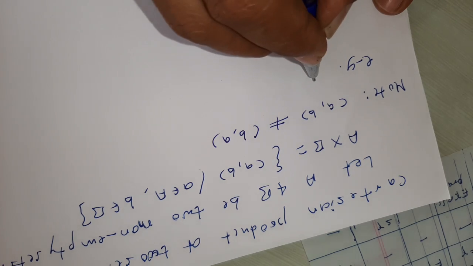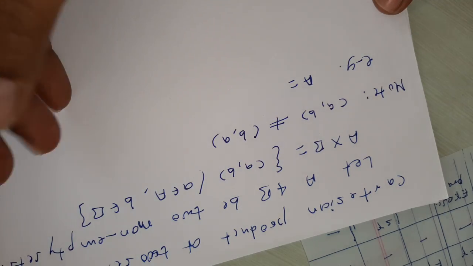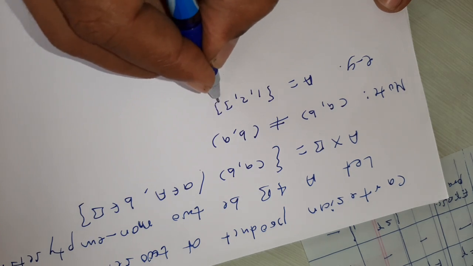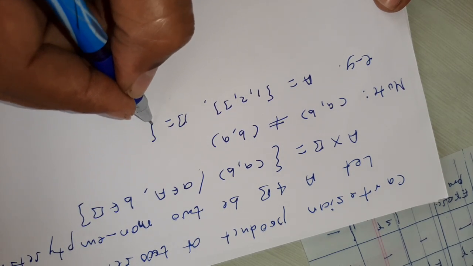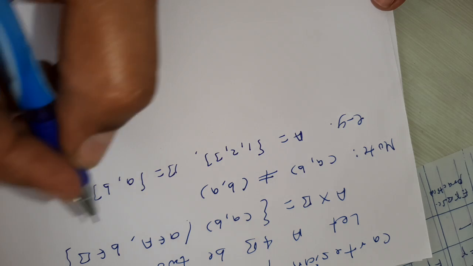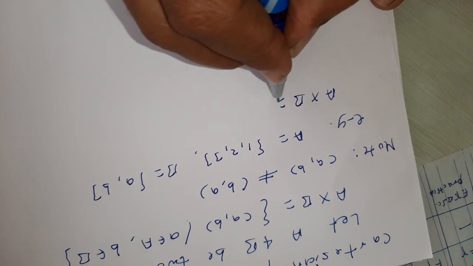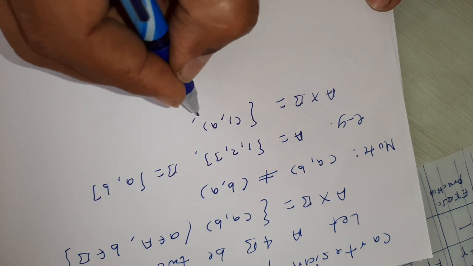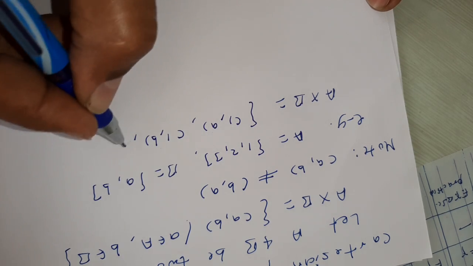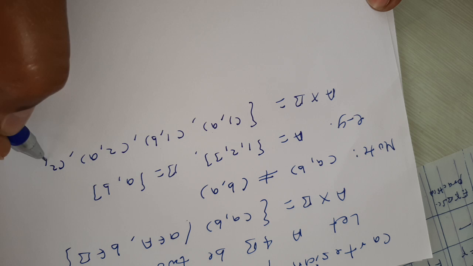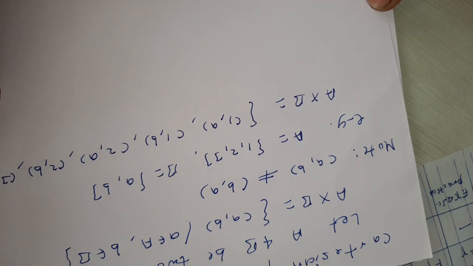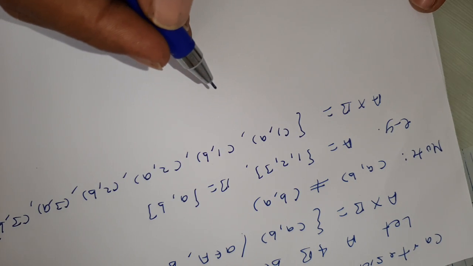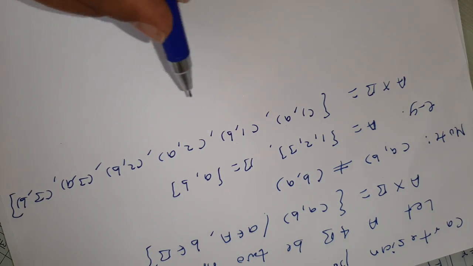For example, A is the set {1, 2, 3} and B is the set {a, b}. Then what is the Cartesian product of these two sets? A cross B is the set of elements (1, a), (1, b), (2, a), (2, b), (3, a), (3, b). This set contains 6 elements.